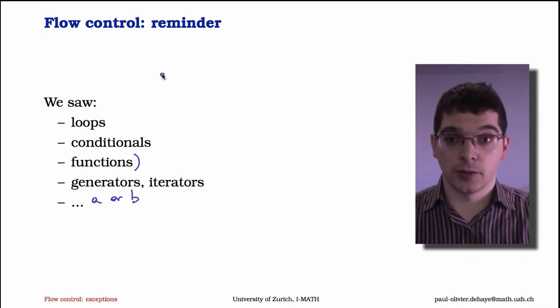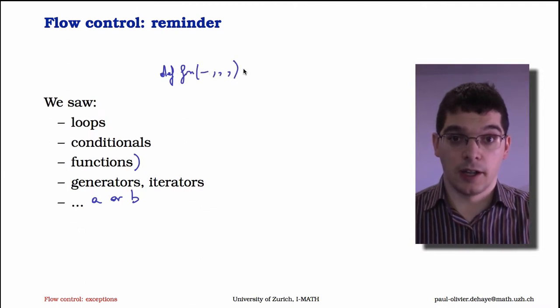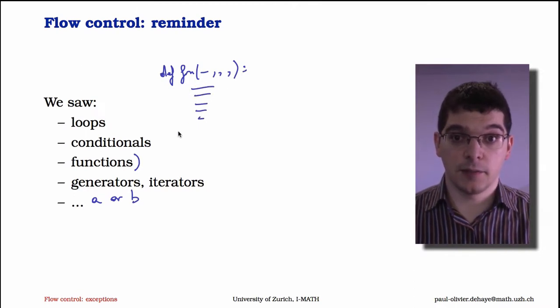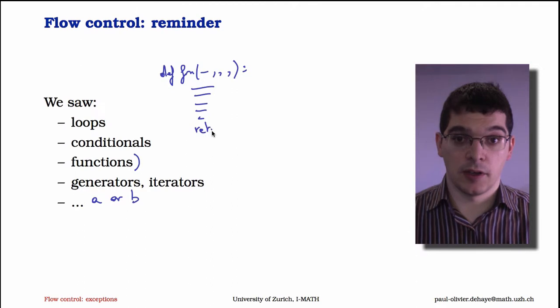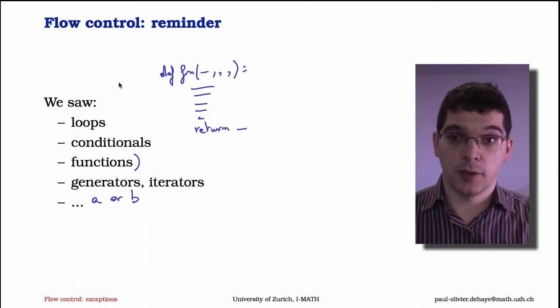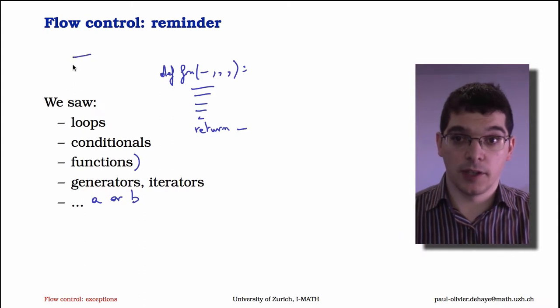So how did functions work? Well, we define a function and it has some arguments that were allowed for that function, and then a bunch of statements, and at the end maybe an optional return statement, return another object. So the way this worked is that this was called from somewhere else in the code.